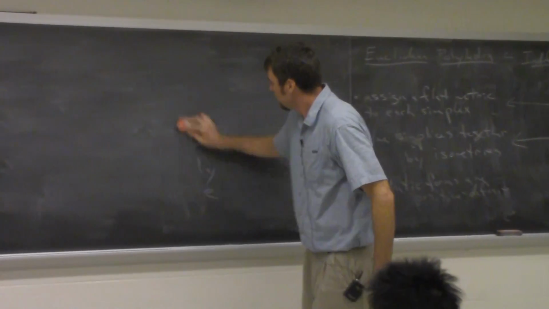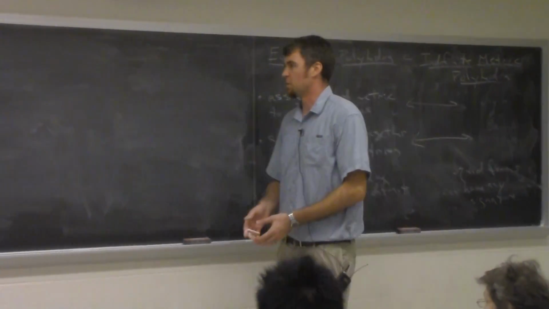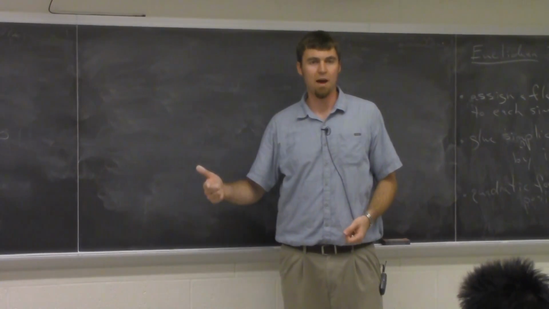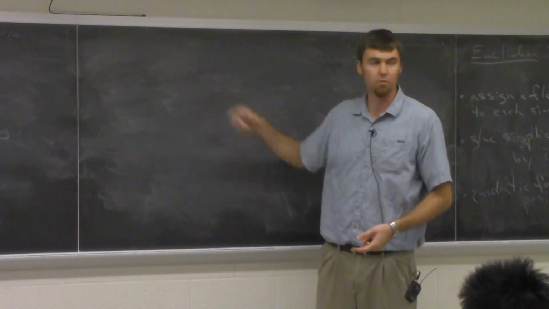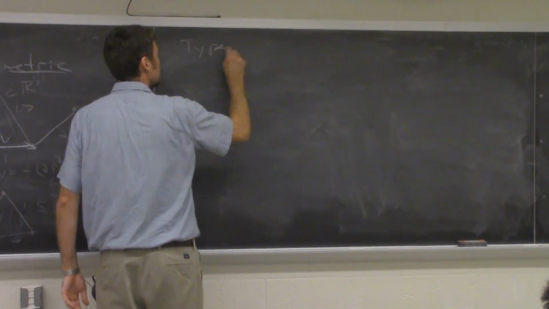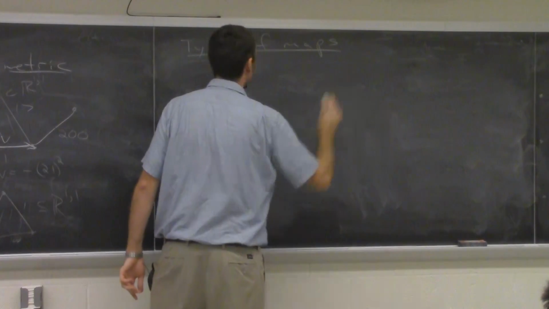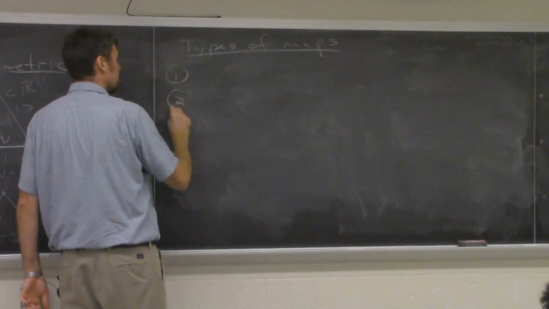Yeah. And so now, when you talk about manifolds, what kind of maps did we talk about? We talked about smooth maps, C1 maps, and there were C0, the Gromov stuff, the continuous. So what types of maps do we want to look at? Types of maps. All right. 3 classes we're going to look at here.